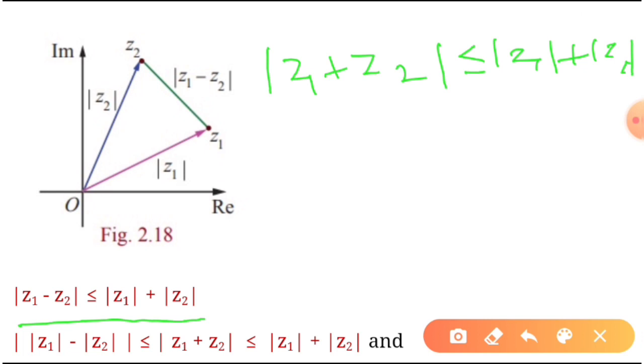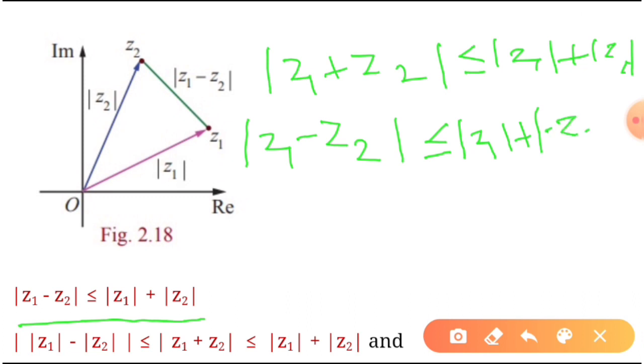Now put z2 equal to minus z2. So modulus of z1 minus z2 is less than or equal to modulus of z1 plus modulus of minus z2. The previous step.